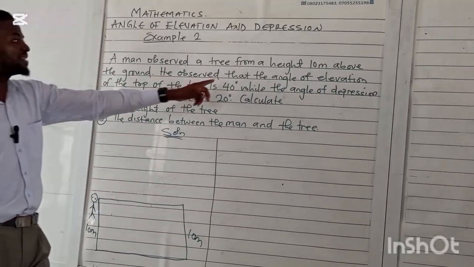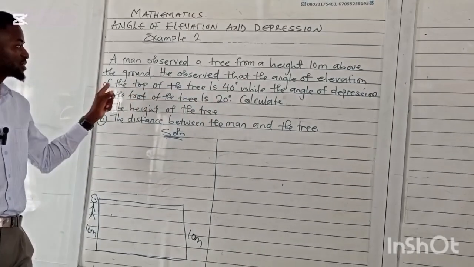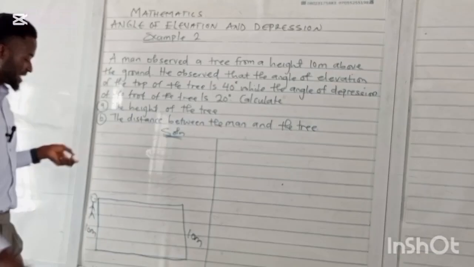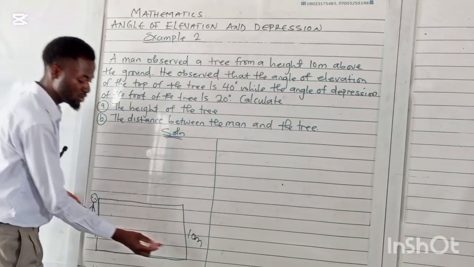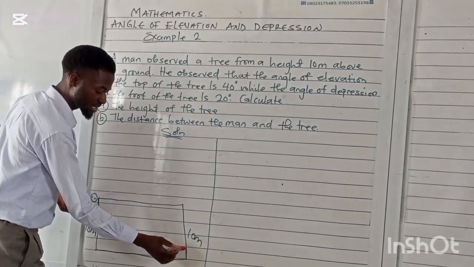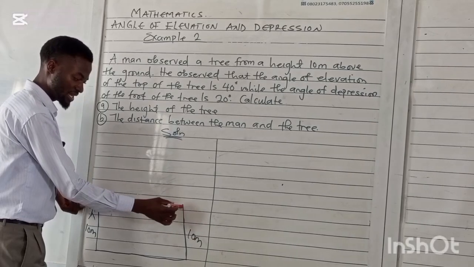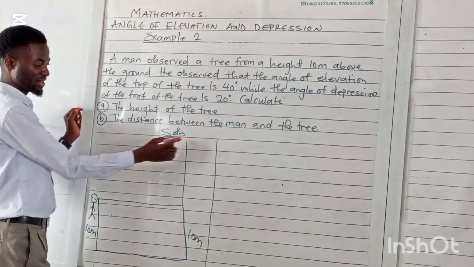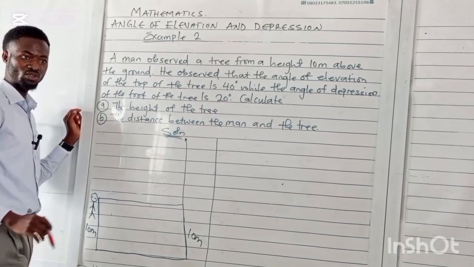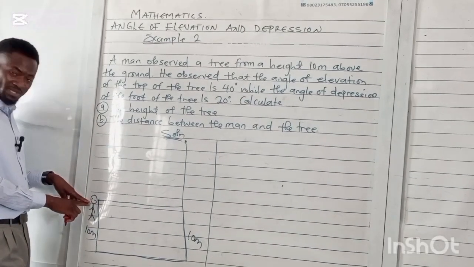He observed the angle of elevation of the top of the tree. Since he's here and he's observing, let's assume that this line is the tree, and this is where it stops. This is where the observer is.